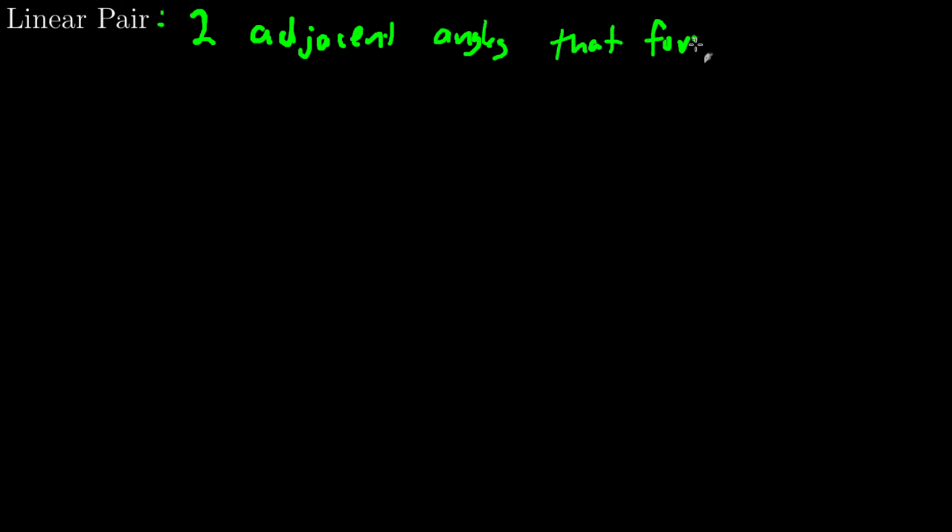Our second angle pair is called a linear pair. So in this one, a linear pair is two adjacent angles that, when combined, form a straight angle or a line.